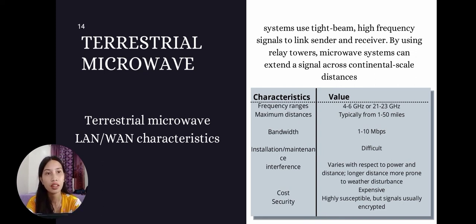The bandwidth is 1 to 10 Mbps. Installation and maintenance is difficult. Interference varies with respect to power and distance. Longer distance is more prone to weather disturbance. Cost is expensive, and the security is highly susceptible, but signals are usually encrypted.